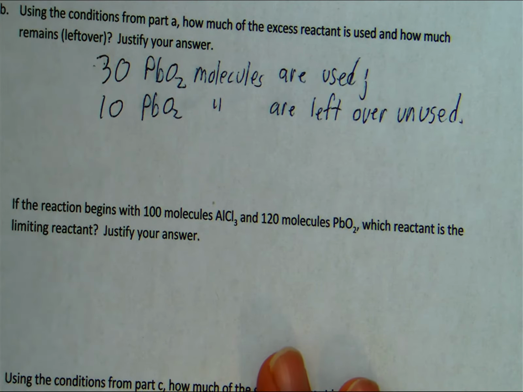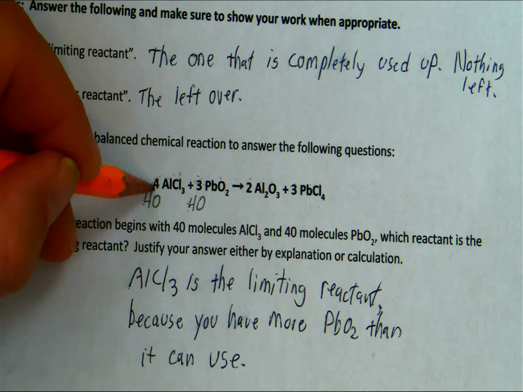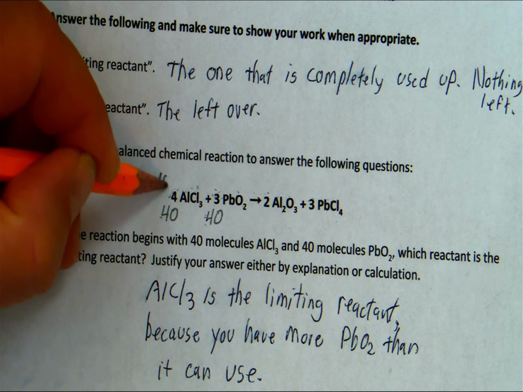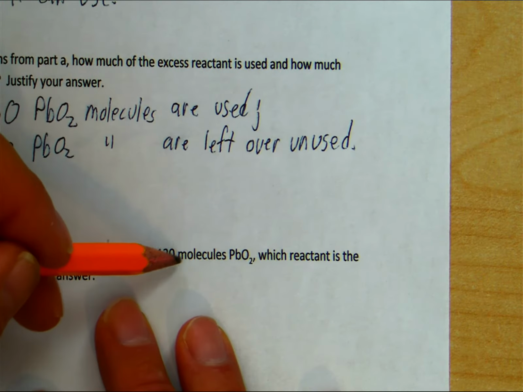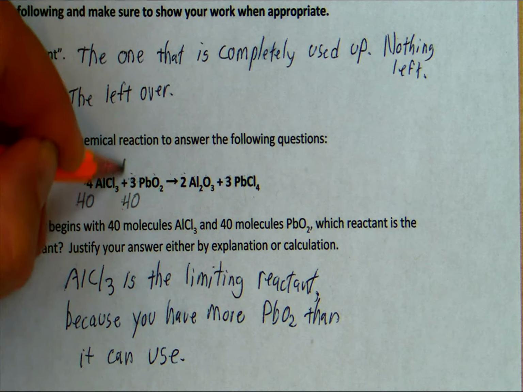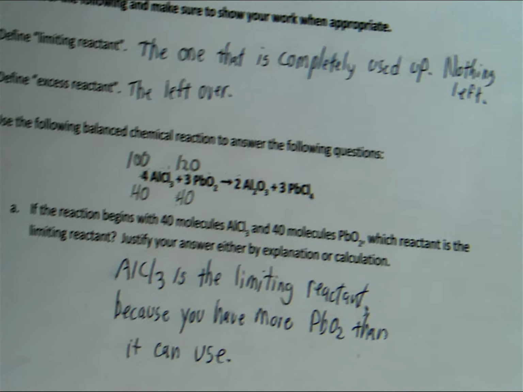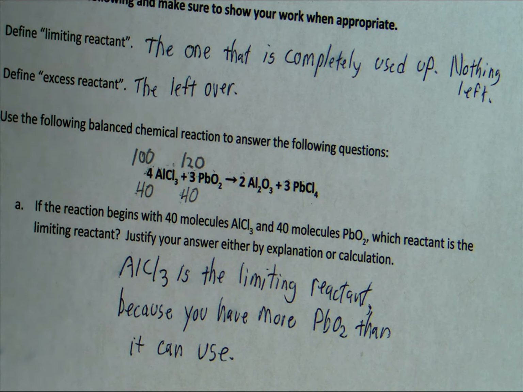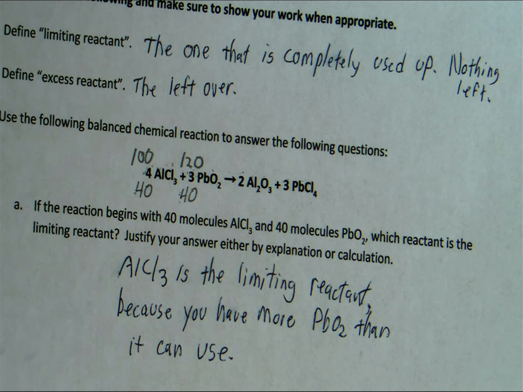Part C, if the reaction begins with 100 molecules, so over here, I'm going to write that on top, 100 of these guys and 120 of the second guy. Which reactant is the limiting reactant? And justify your answer.